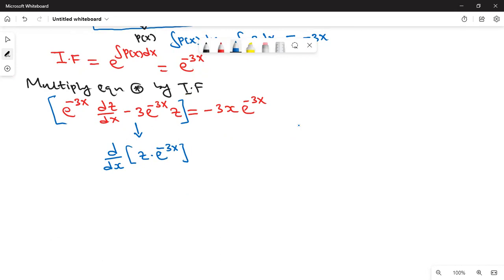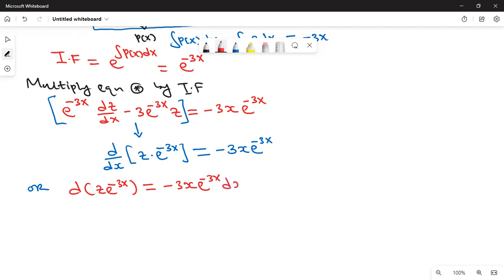On the right-hand side we should get negative 3x exponential negative 3x. If I multiply through by dx, I get d of z times exponential negative 3x is equal to negative 3x exponential negative 3x dx.